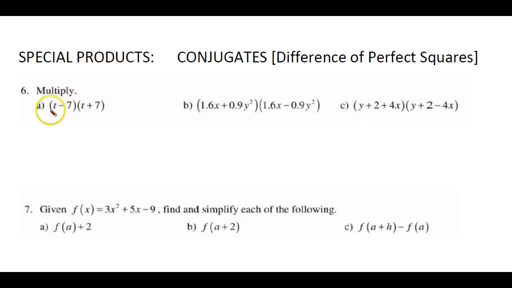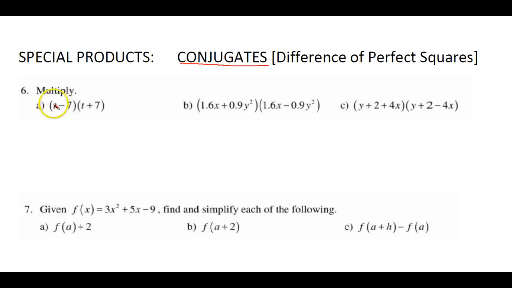Well, this type of arrangement is called conjugates. So what we're doing here is multiplying conjugates, and we're going to have that in a future lesson too, a couple of times, where we multiply conjugates.